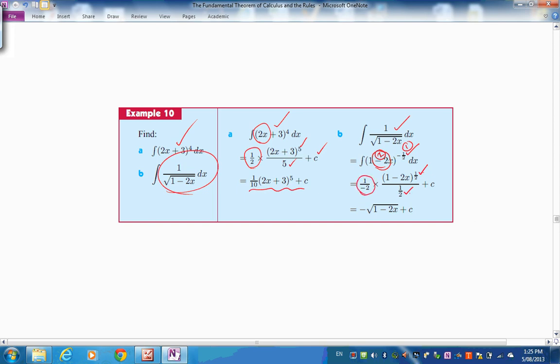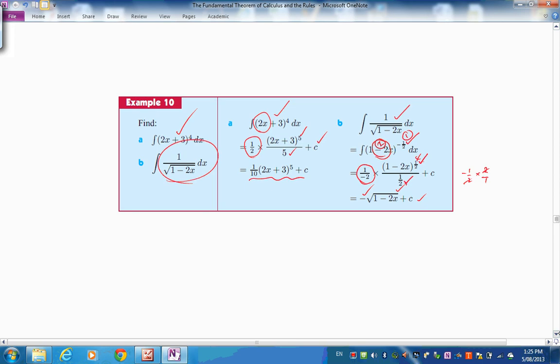And then, of course, dividing by this half, invert and multiply. Let's do it. 1/2 out the front times 2/1 comes to 1, and the half is probably best written as the root, particularly if you're going to use the fundamental theorem and evaluate across an interval.